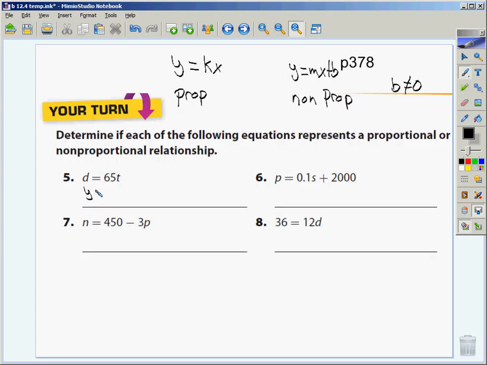This is in the form y equals kx. I see that I have two variables and I have a constant, so this is proportional. This looks like y equals mx plus b. My slope is 0.1. My y-intercept would be 2,000. This is non-proportional.